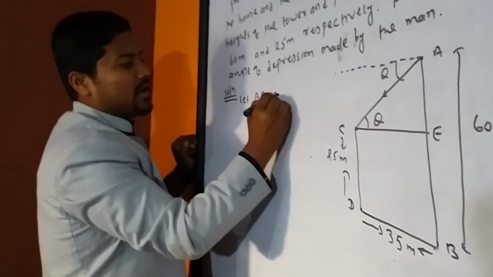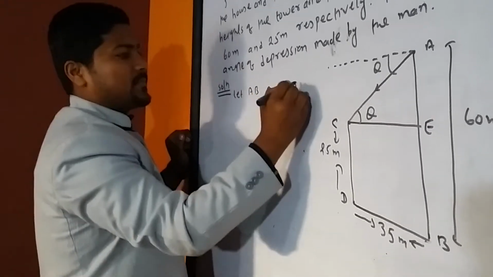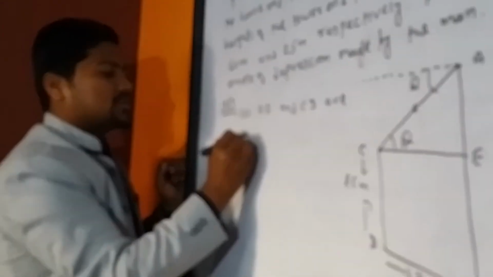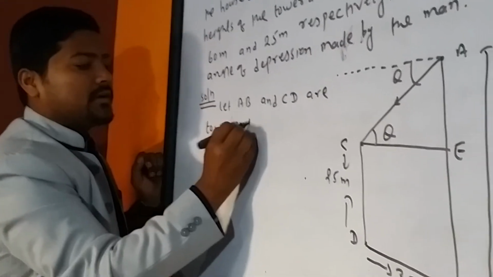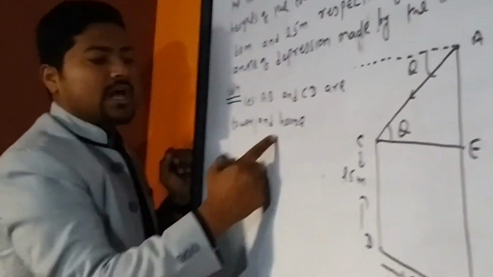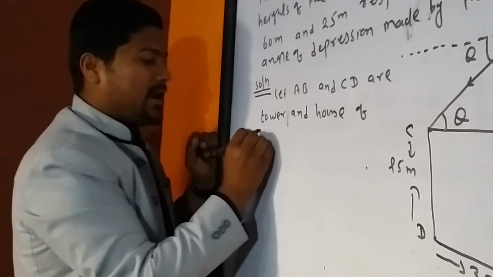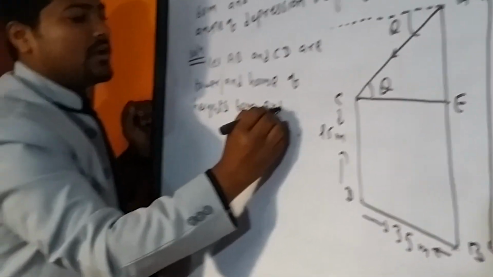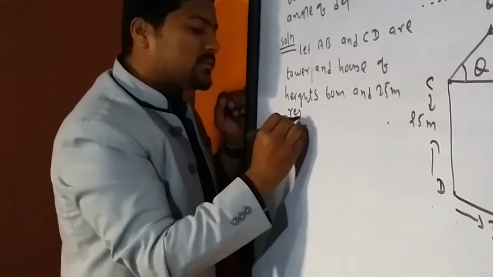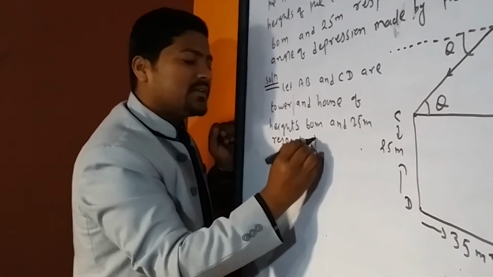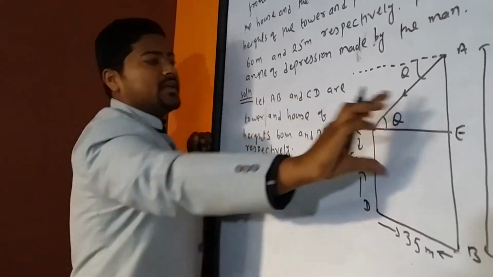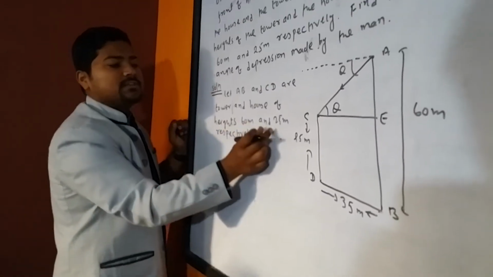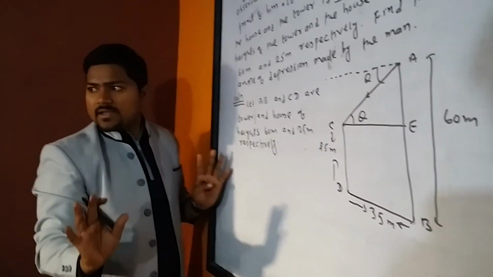Let AB and CD be the tower and house of heights 60 meters and 25 meters respectively.